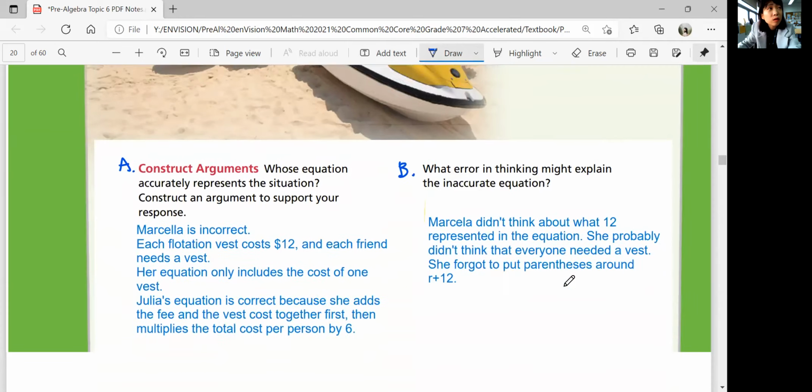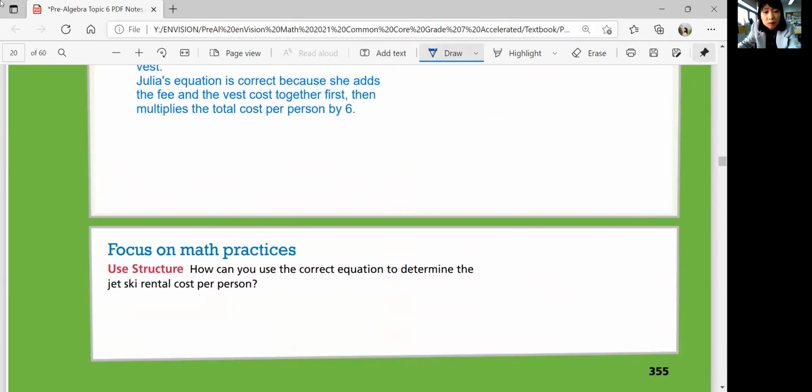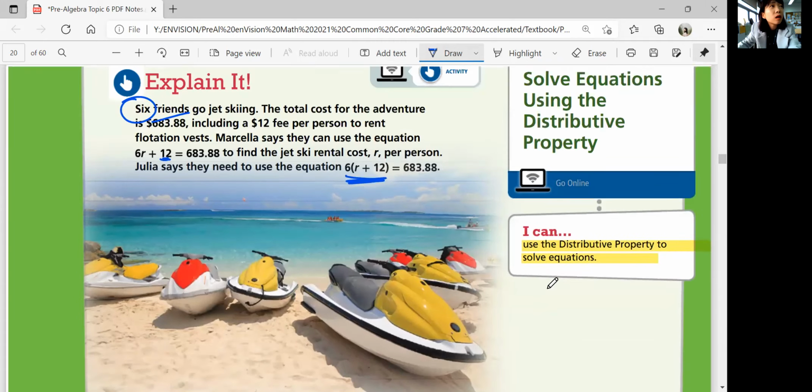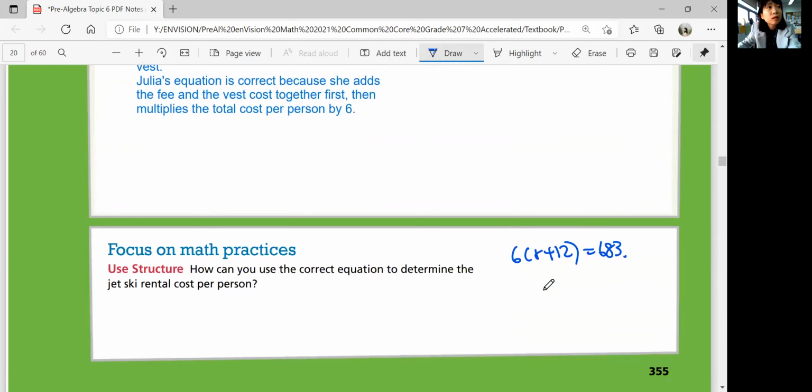How would you solve that? So first, let's try solving it. 6 times r plus 12 is equal to 683.88.